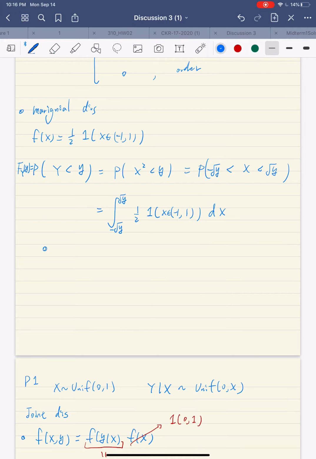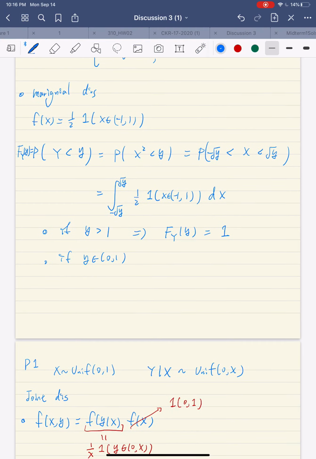First, if y is greater than 1, then the CDF equals 1. That is because x squared will always be smaller than 1, so it's 1. Okay. If y is between 0 and 1, we can get rid of the indicator function.